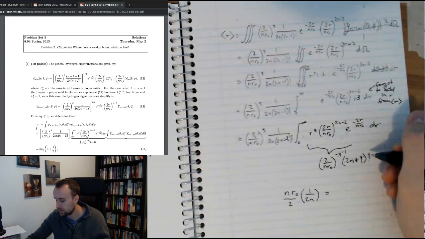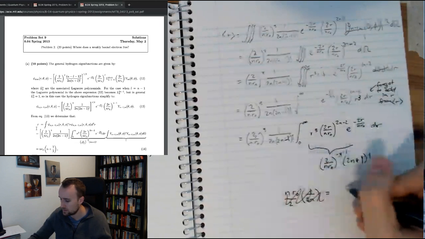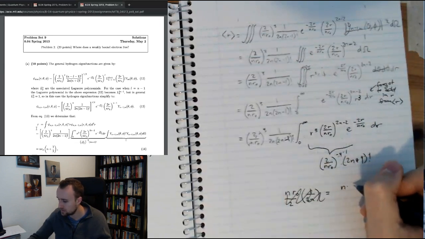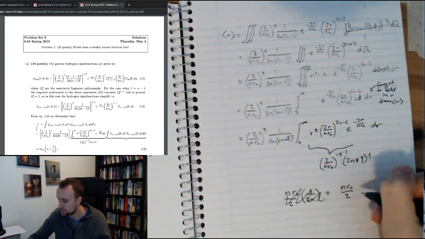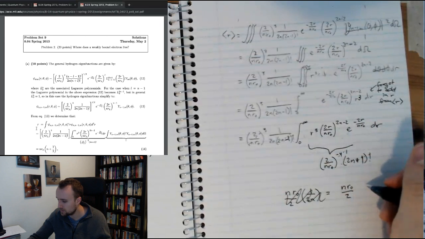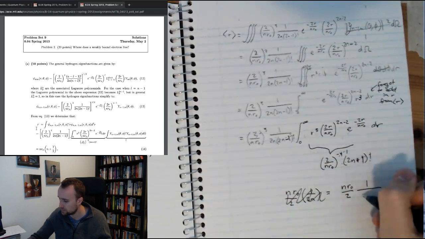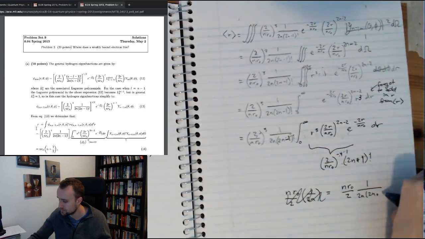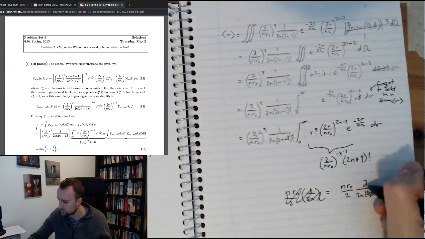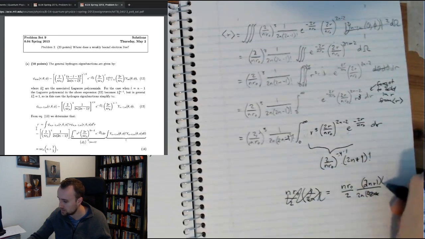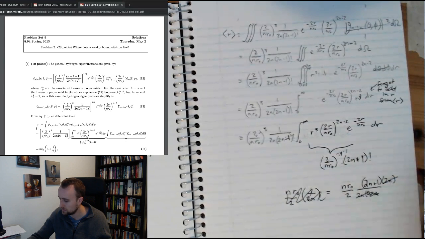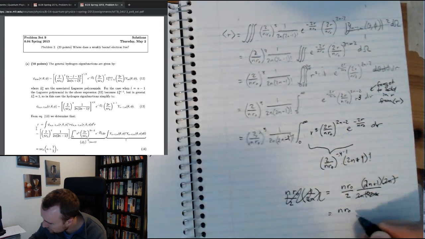That means we're going to remove this, this is just going to be n r naught 2, then we have 1 over 2n plus 1, 2n, and then these cancel and we have equals n r naught.